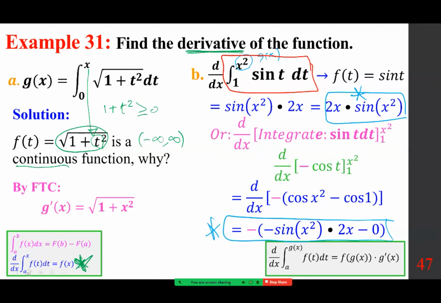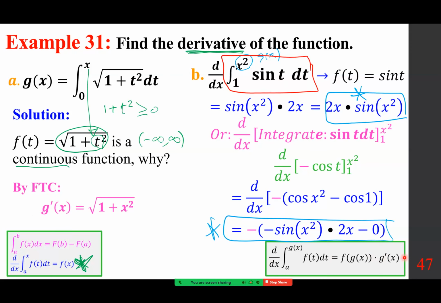So we prove both ways. We prove using the formula that we have here. And let's say we don't have that formula, we don't remember it, just integrate it and then differentiate. The advantage of this formula is if you have an expression that you don't know how to integrate, then you better stick with the theorem here.